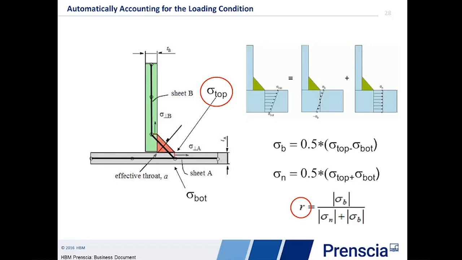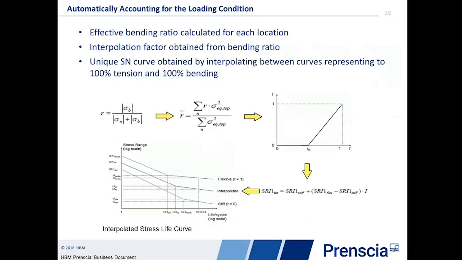And so the input to our fatigue calculation from a structural stress with an automatic correction is going to be the stress at the key location, the critical location we're going to do the analysis at, and this bending ratio. And what's done in DesignLife is we take that bending ratio history and calculate an effective bending ratio from it. So this is going to be at every node or every location that we're going to do the calculation for the welds.